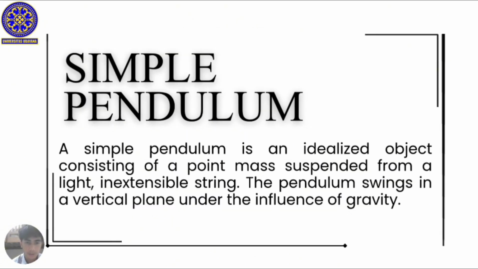A simple pendulum is an idealized object consisting of a point mass suspended from a length of inextensible string. The pendulum swings in a vertical plane under the influence of gravity.